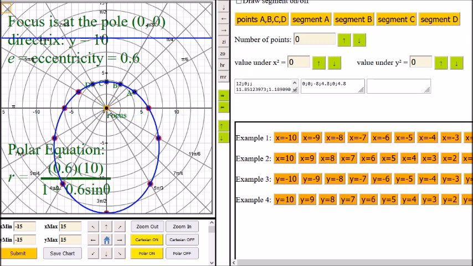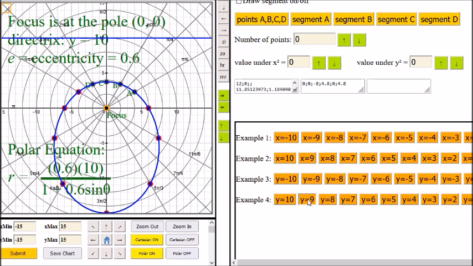Here we have the pole below the horizontal directrix. The distance from the directrix to the pole is 10. E is set at 0.6. So the equation for this ellipse will be 0.6 times 10 divided by 1 plus 0.6, which is E, times sine of theta.